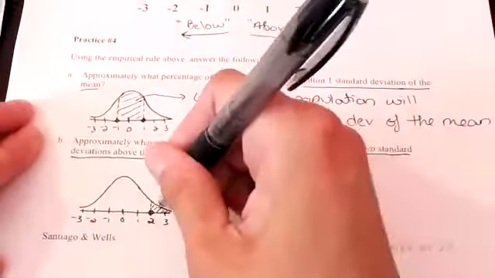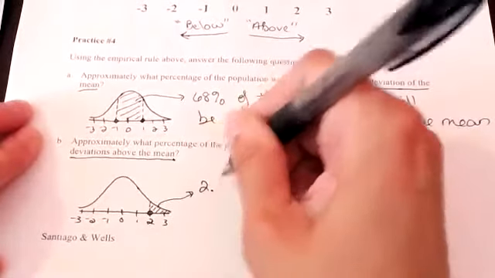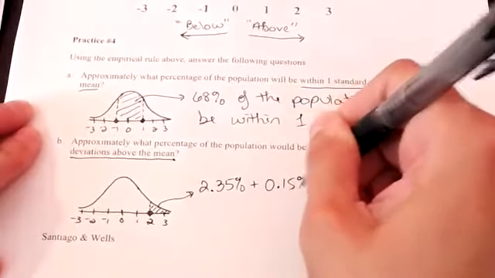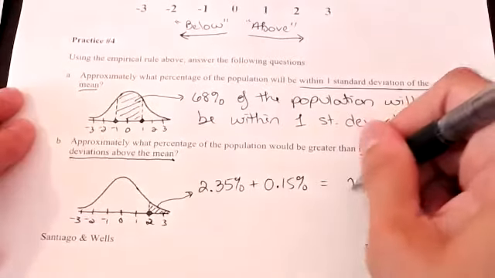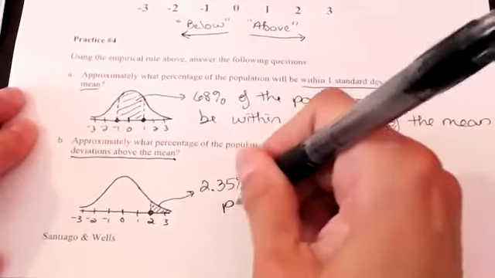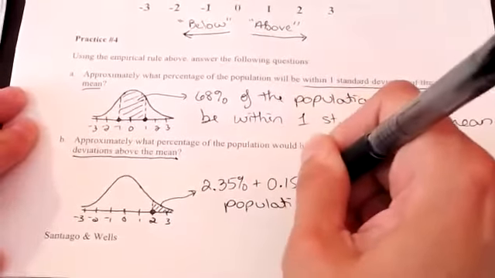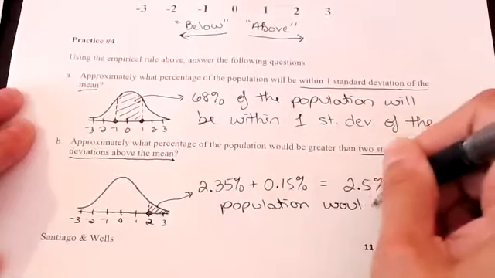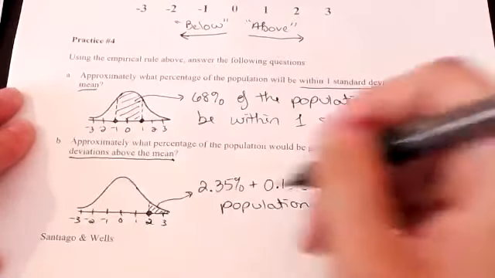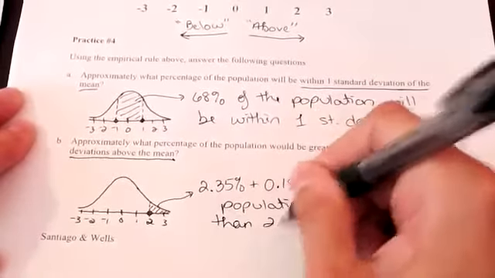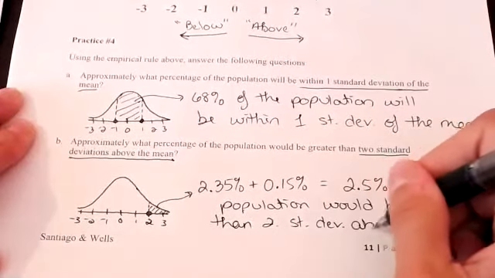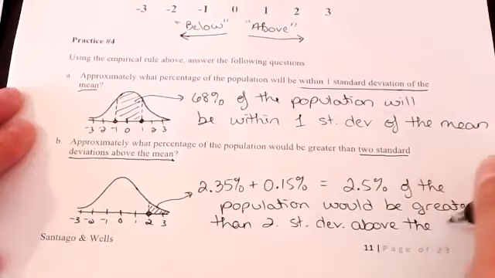So I'm just going to write that down here. You take the 2.35% and add the 0.15%. And we can say that 2.5% of the population would be greater than 2 standard deviations above the mean.